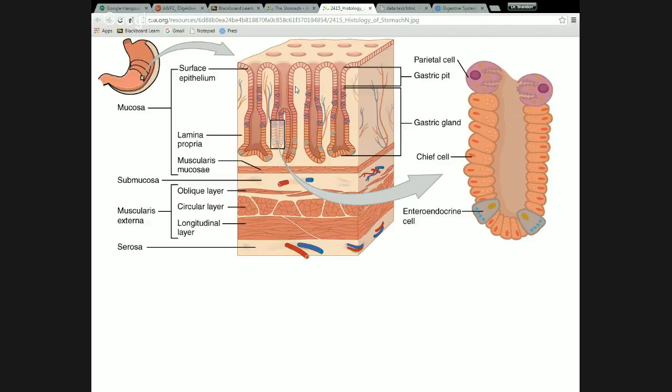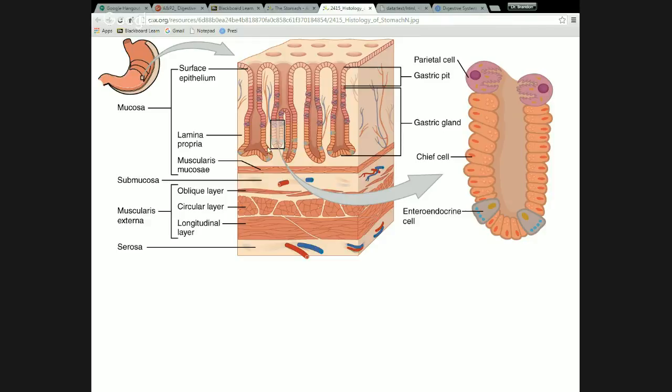They've kind of color-coded the cells in the picture here. The lighter staining cells of the gastric pit and the gastric surface are just basic mucosal cells. The darker staining ones in the gastric neck and the beginning of the gastric gland are, again, just mucus cells. They secrete the watery mucus.